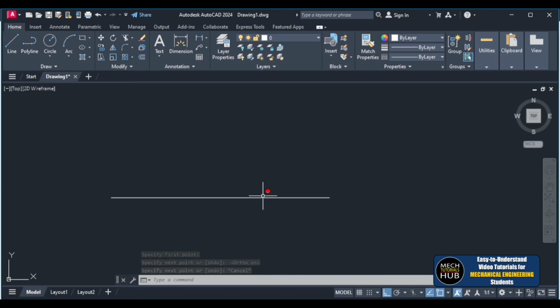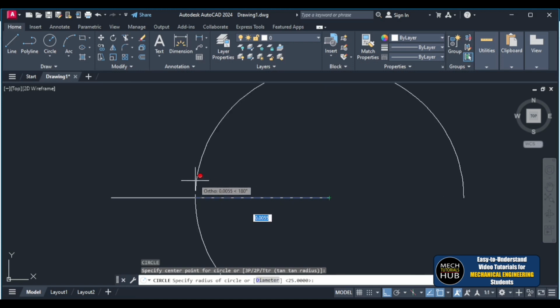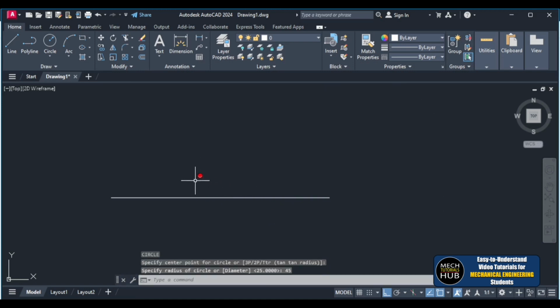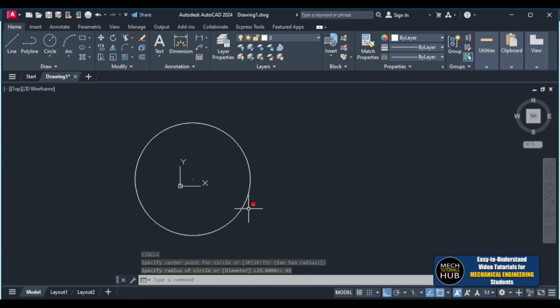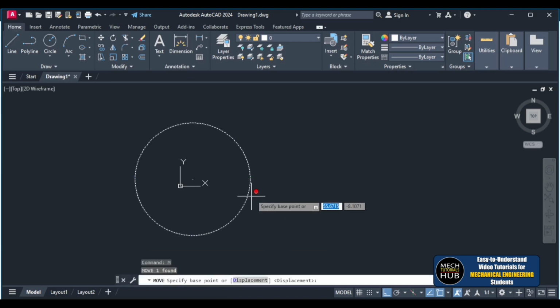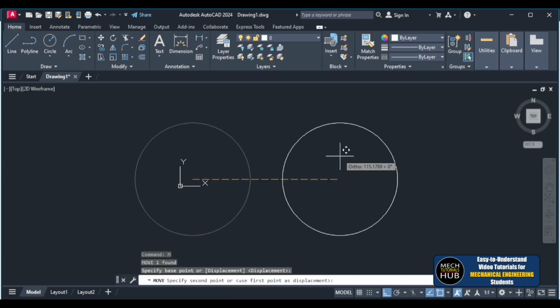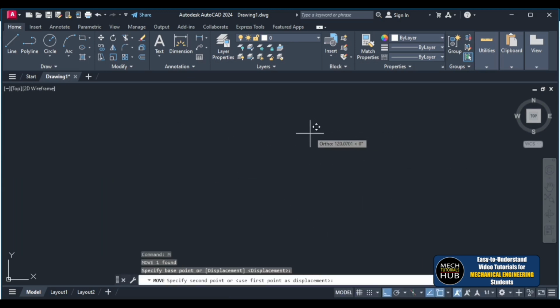Then I'll draw a circle, C enter, at this point, of radius 45. Then I try to move this circle. I'll try to place it somewhere.